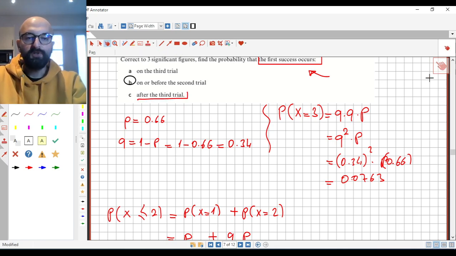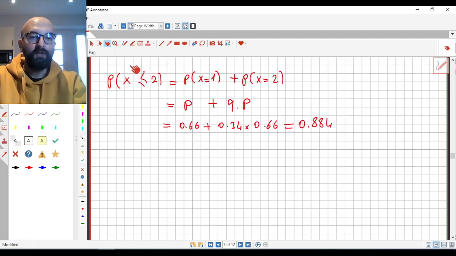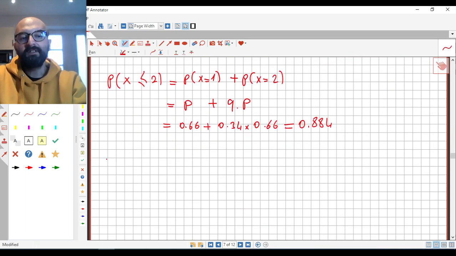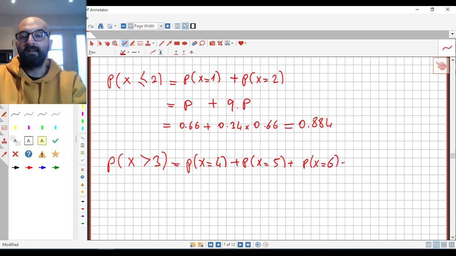And part C, after the third trial. We want to get success after the third trial. So the probability of x greater than 3, and maybe we can get success in the fourth trial, or in the fifth trial, or in the sixth trial, and so on.